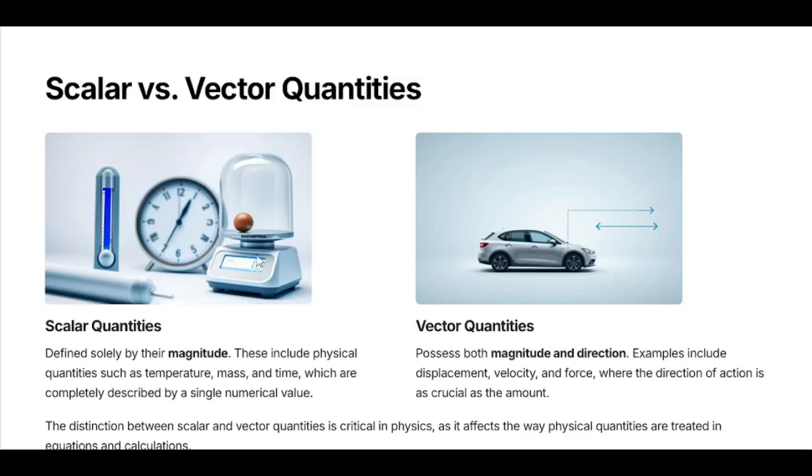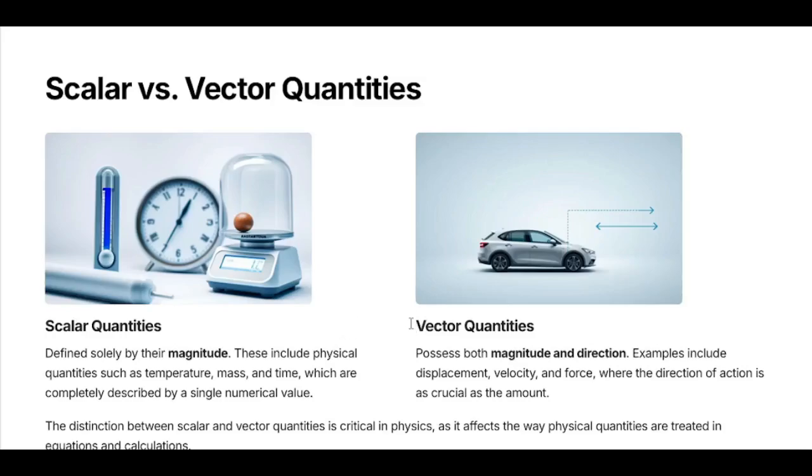So now, as I said, we have scalar and vector quantities. The key thing that distinguishes scalar quantities from vector quantities is that a scalar just has magnitude. Examples: mass, time, temperature, length.